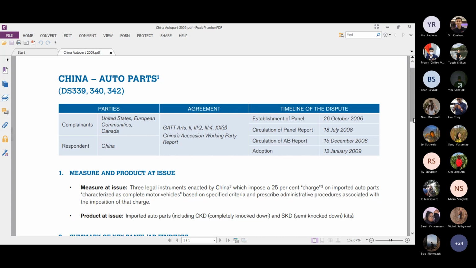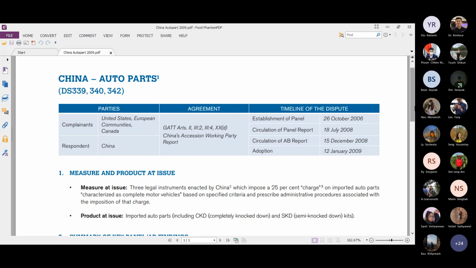Then the Appellate Body produced the report and circulated it to the parties. Then just a month later, in January 2009, the Dispute Settlement Body adopted the report. So the final report for the case was adopted on 12 January 2009.